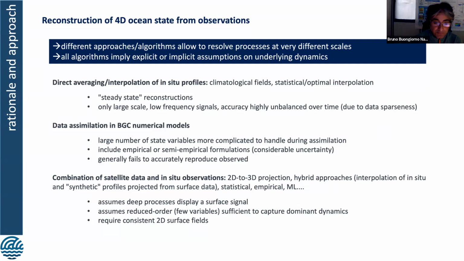Of course, there are some assumptions that are implicitly or explicitly made once we decide that the approach we want to follow is the projection of surface data at depth. One is that the deep processes must have a signal at the surface.